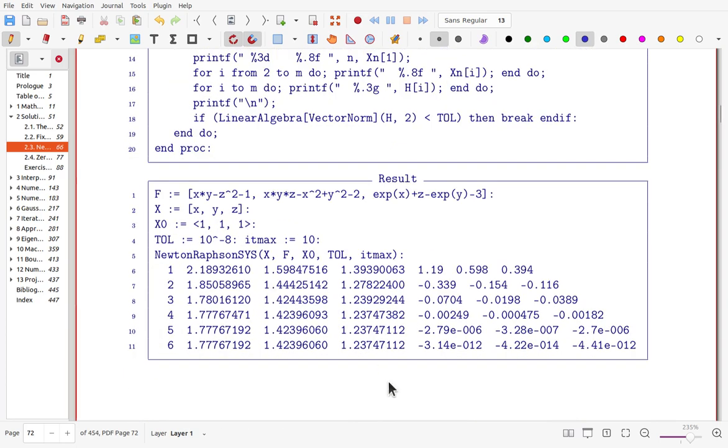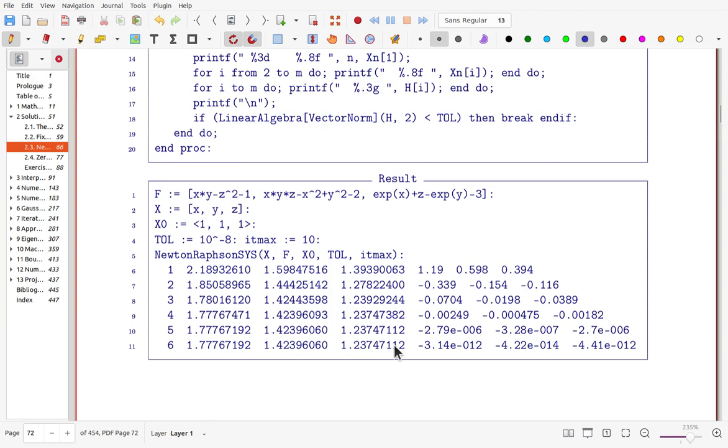Let's see the result. That is now function f1, f2, f3, and the variables are x, y, z, and the starting point is 1, 1, 1, and the tolerance is 10 to the minus 8, and itmax is 10. Now we call Newton-Raphson system, and after 1 iteration, 2 iteration, 3 iteration, you can see the results here up to 6 iterations.